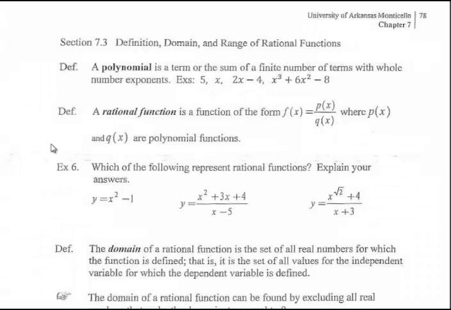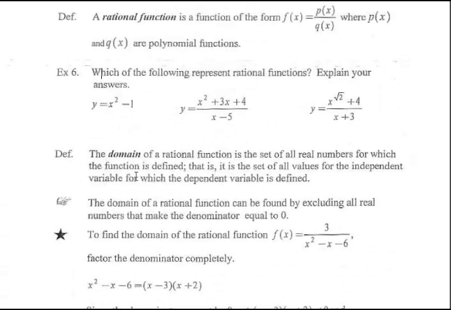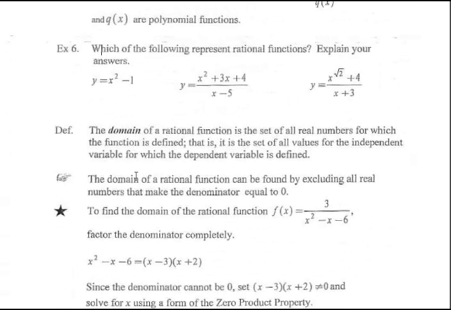Alright, that leads us to example 6, and we need to pick out which one of these is a rational function. This one is a rational function. x is raised to the second power and 2 is a whole number, and then we just have a single number here, minus 1. So we can have the sum or the difference of any number of terms, and the exponents have to be whole.